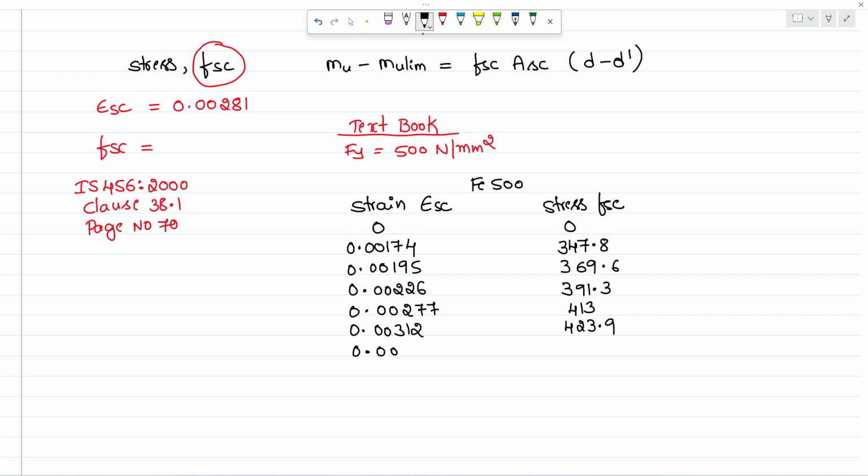For 0.00417, it is 434.8. These values are available in any textbook, stress corresponding to strain. Here our strain value is 0.00281. It falls in this range.